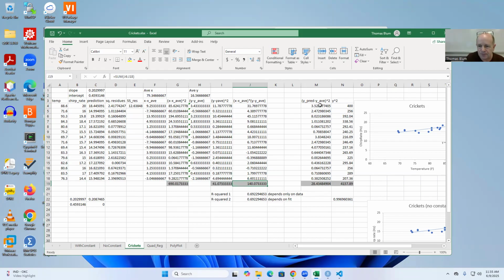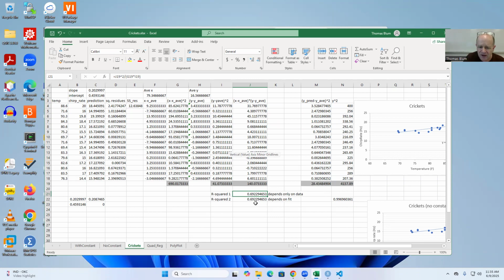And then you can use these, and they are dependent on the data and not on the prediction.